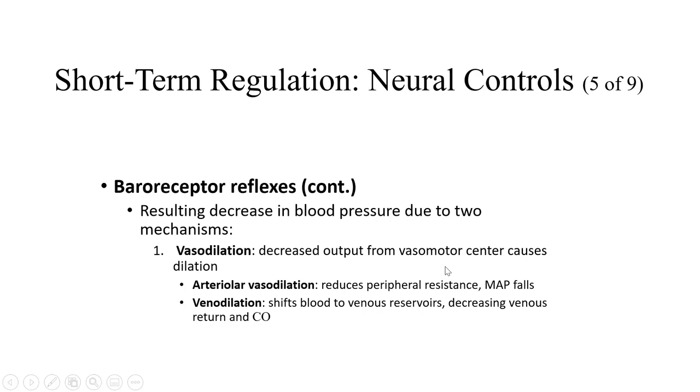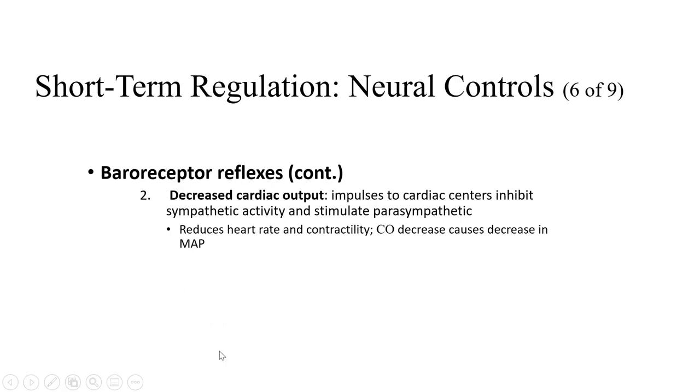The decreased output from the vasomotor center causes dilation, and arterial vasodilation reduces peripheral resistance, and therefore, when there is a reduction in peripheral resistance, the mean arterial pressure is also reduced. Venodilation shifts blood into the venous reservoir. It decreases venous return and cardiac output.